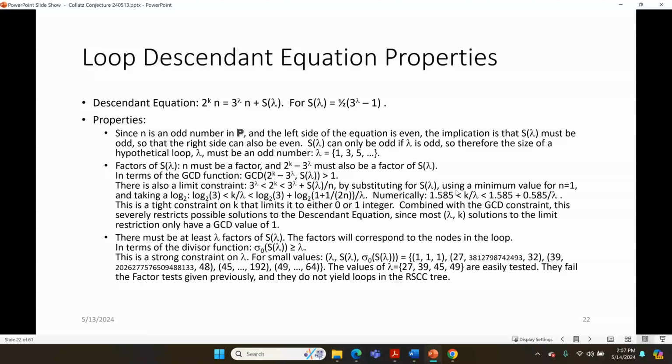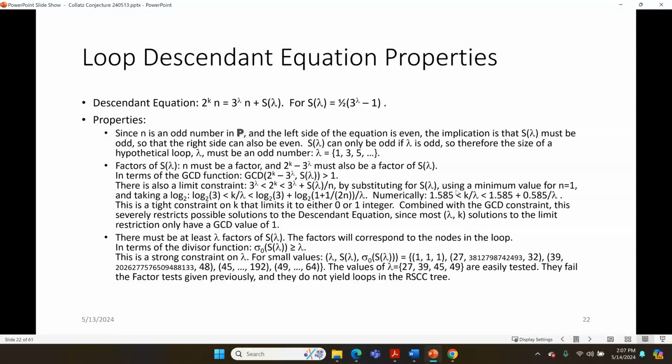In particular, the log to the base 2 of 3 is going to be slightly less than k over lambda, and then log base 2 of 3 plus the log of this other complex expression as a function of n and lambda has to be greater than k over lambda.